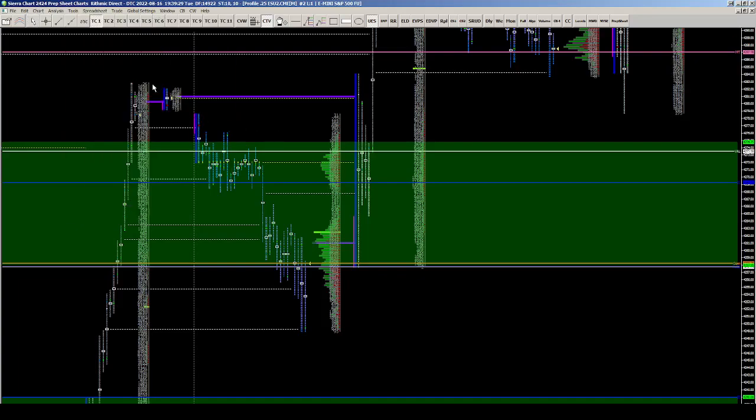So we've got, again, a channel. It's not a very good channel, but you get the idea. And this fits that bull flag pattern. When we come into yesterday, it continued higher. So this again is just basically a corrective wave. All right, I'm going to take that off.